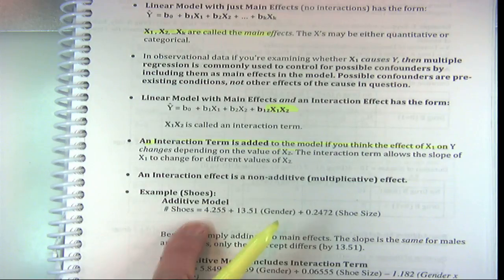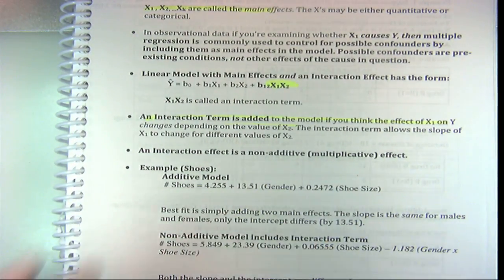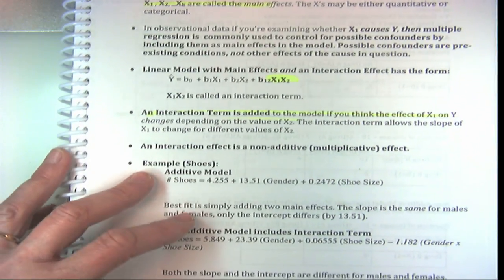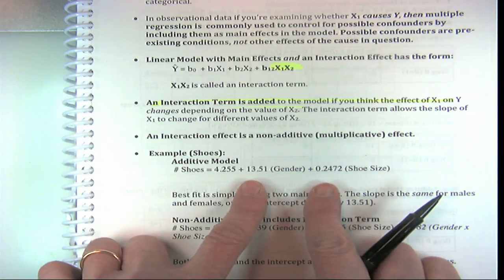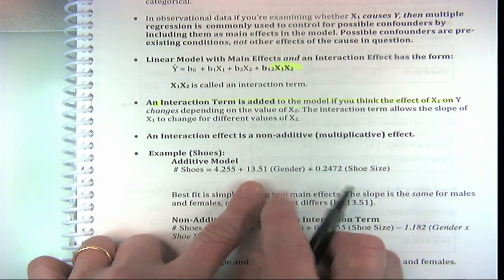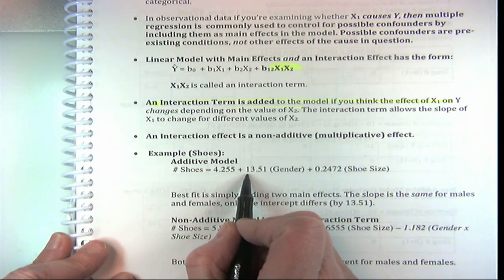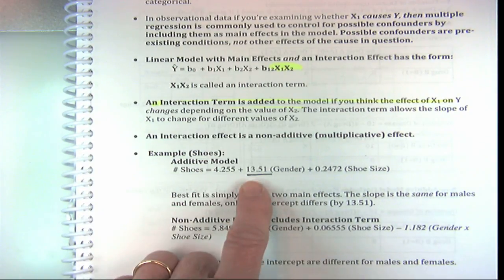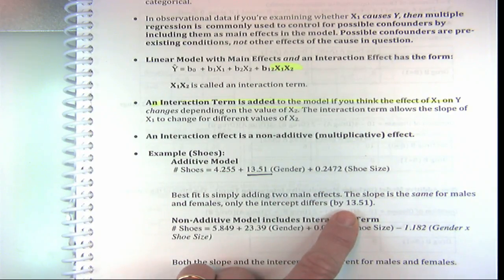So basically, last time when we looked at an additive model, we saw how, when we add this gender term right here, the coefficient, gender was just 0 or 1, so that allowed for different intercepts.